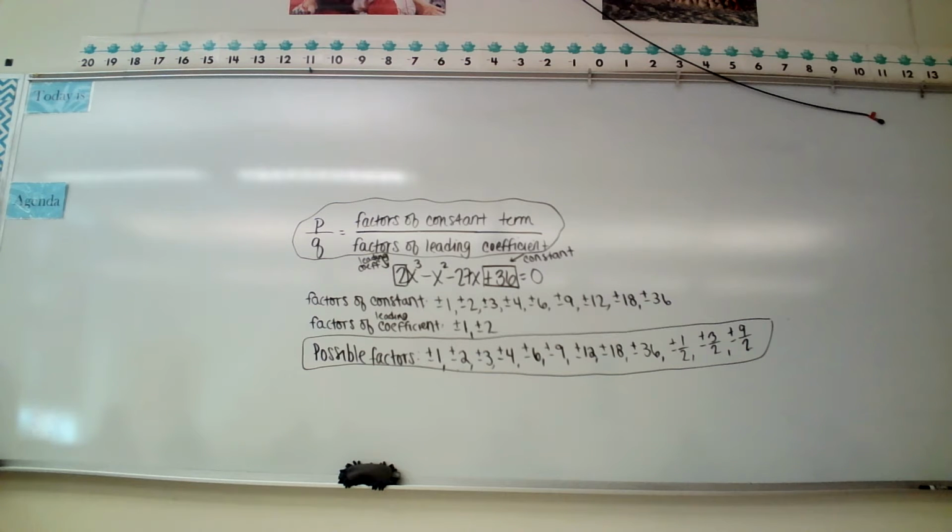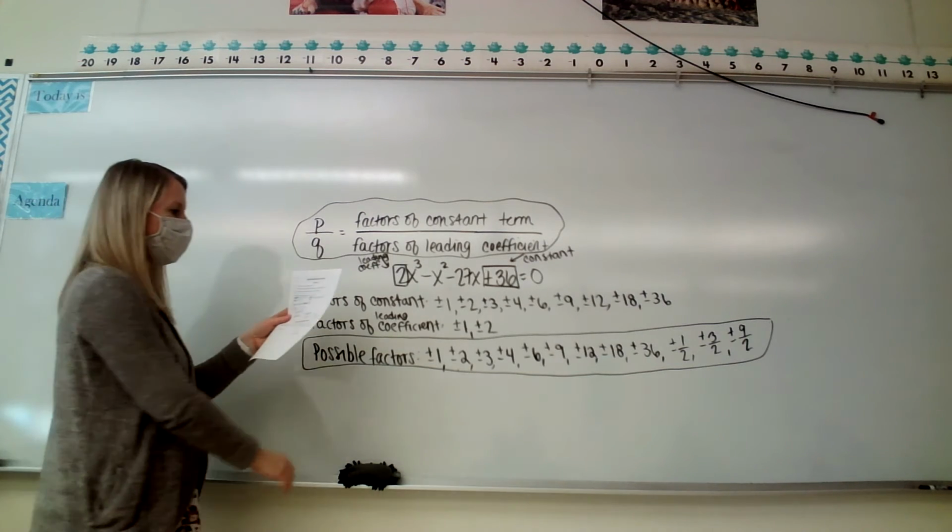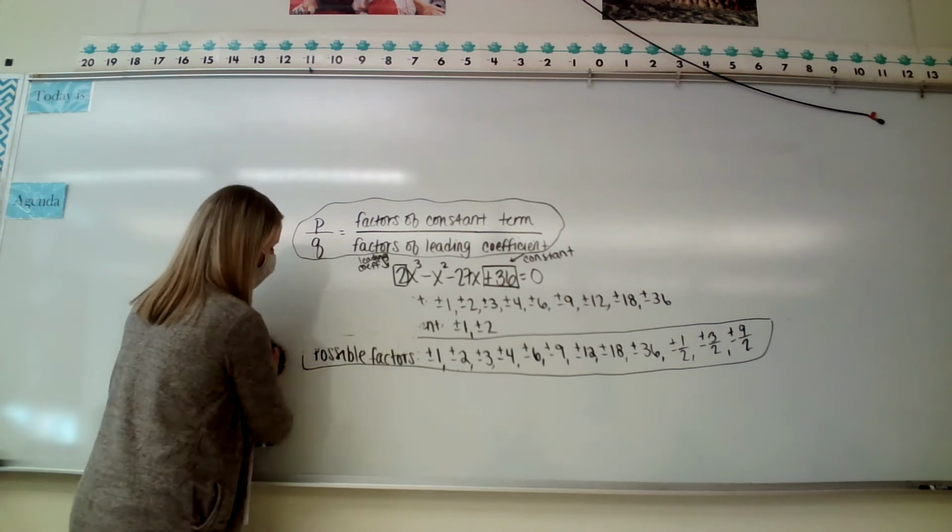There won't be as many options in the next one, so that will be nice. Then we're going to say which ones are actually factors, and I'll show you how to check that. Having a calculator is going to be very useful, because you'll see why in a second. The second part will be all stuff that we've done, so it shouldn't be too bad. So I'm flipping to the back where it said using the rational root theorem.